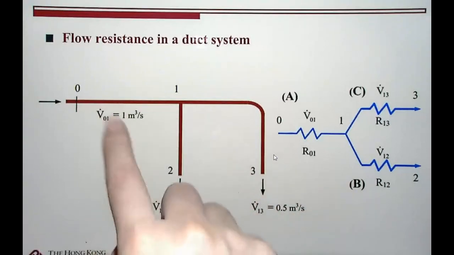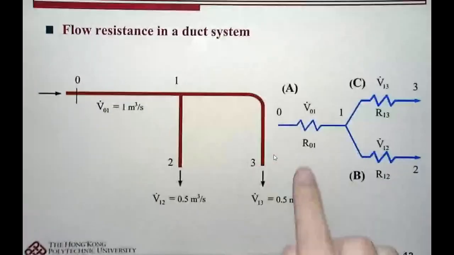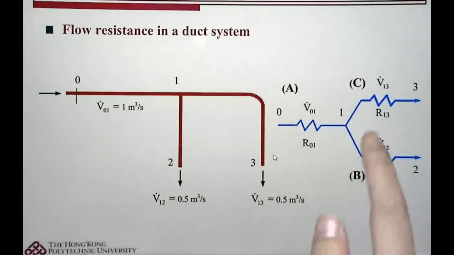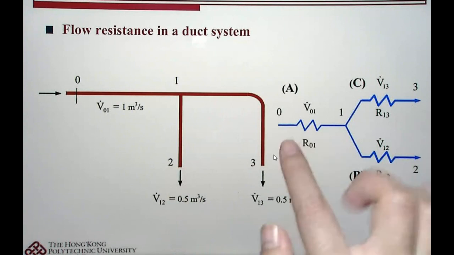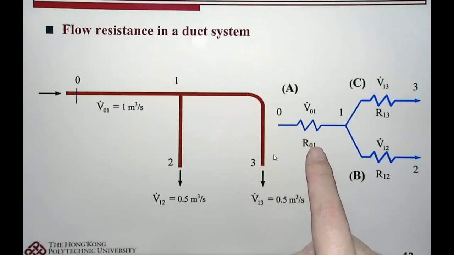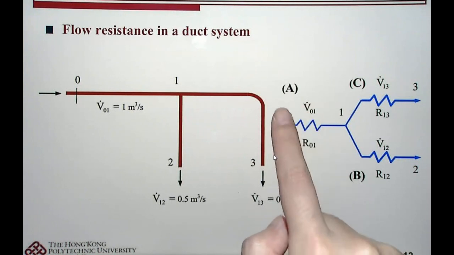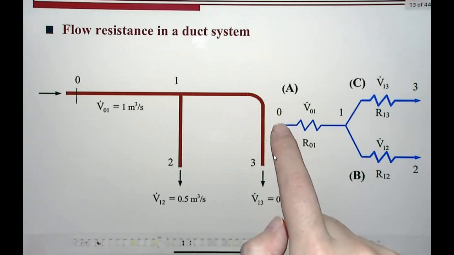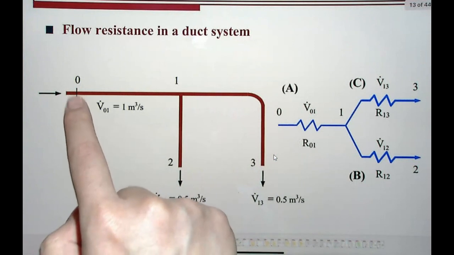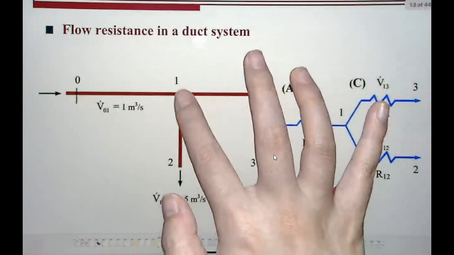So once we get this problem statement, what we can do first is draw the duct system resistance figure as shown on the right-hand side. We start with the resistance of the duct section from 0 to 1, and the corresponding volumetric flow rate is V dot 0 to 1. And we have dot 0 corresponding to cross-section 0, and dot 1 corresponding to cross-section number 1.